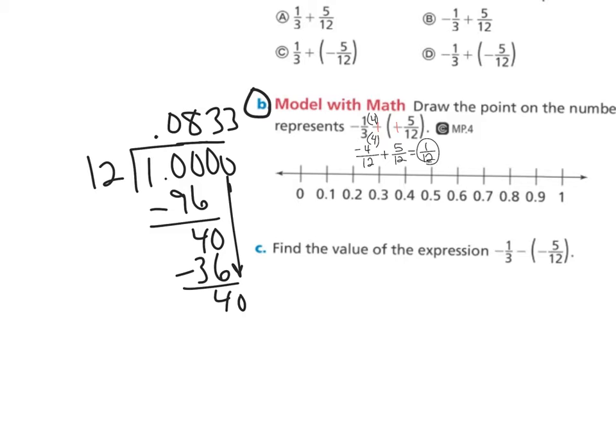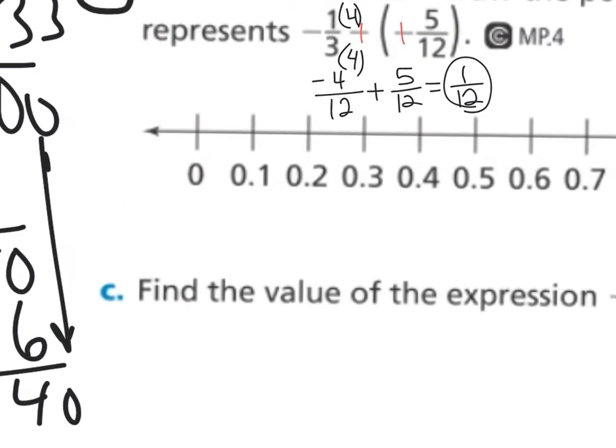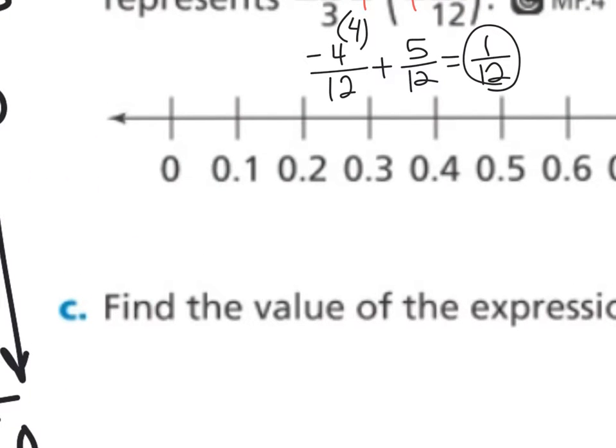Well, we've got tenths here though, so if you'll notice, our tenths place is a 0. So we're actually between 0 tenths, which is really just 0 and 1/10. So we're between 0 and 1/10, closer to 1/10. So somewhere about here would be where we could put our dot for that one.